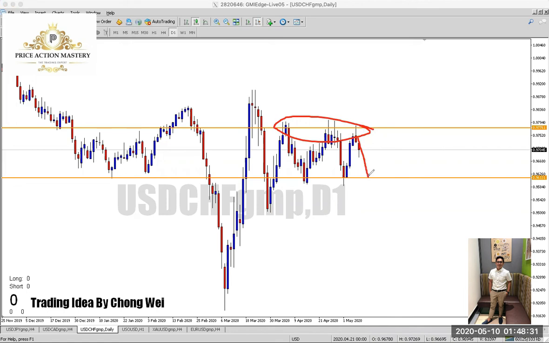So I believe next week USD is going to drop to this level. If USD drops, EUR USD, AUD USD, GBP USD, everything is going to rise. And especially the trade that I talked about earlier, CHF JPY is going to rise. So if CHF JPY rises, this trade is going to drop.